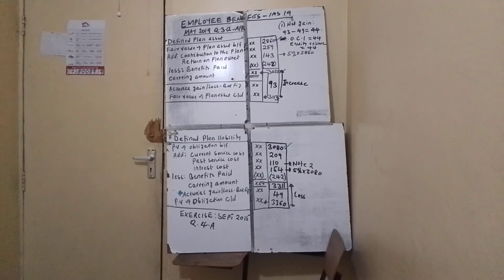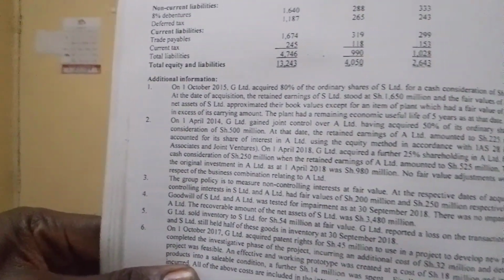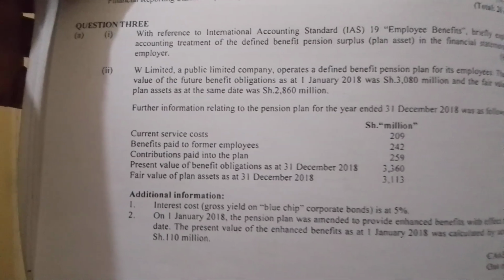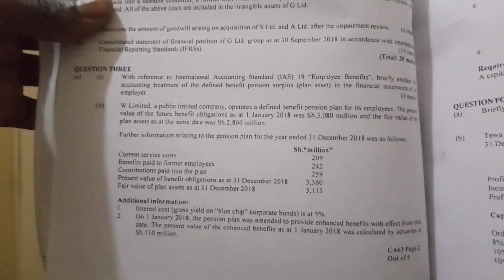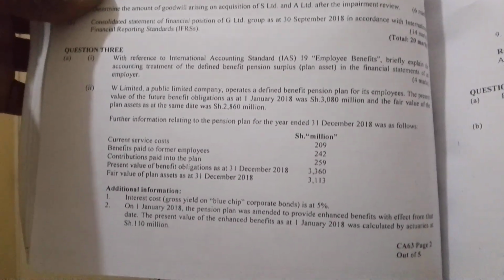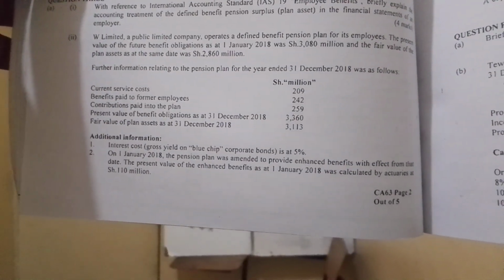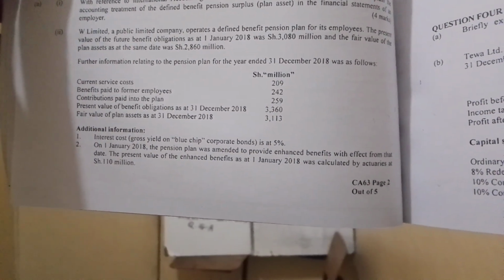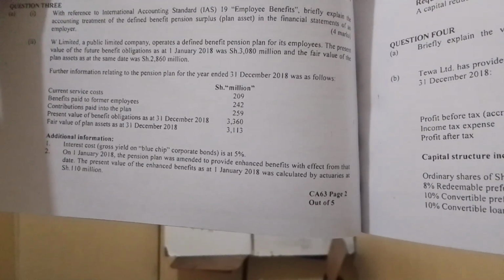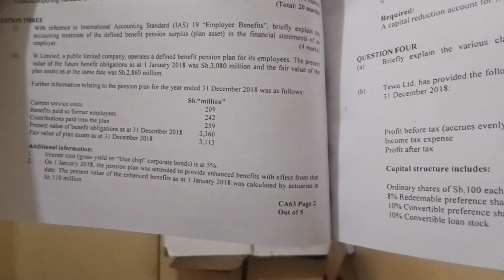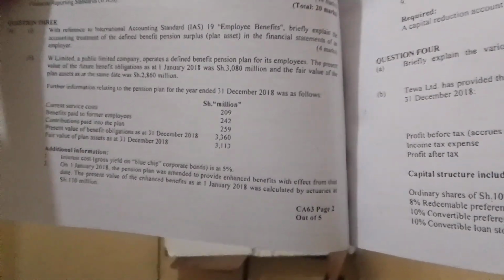I try to see what I've just discussed. Can you see there? W Limited, a public limited company, operates a defined benefit pension plan for its employees.